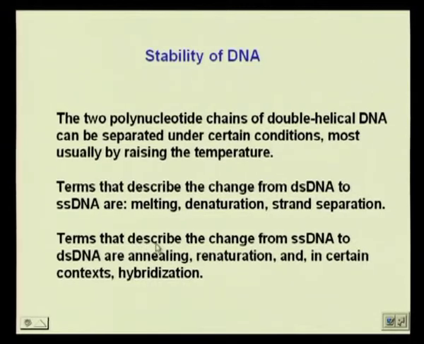Then the terms that describe the changing from ssDNA to dsDNA, what are we doing then? We are reforming. So, it is called annealing, renaturation and sometimes hybridization. Okay? We even have a process that is called zippering. You start linking one set of bases and the rest zips up by itself.